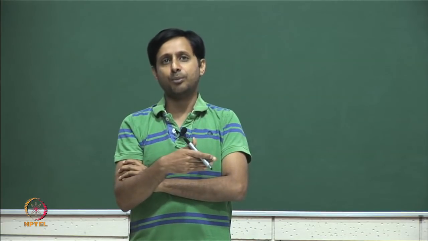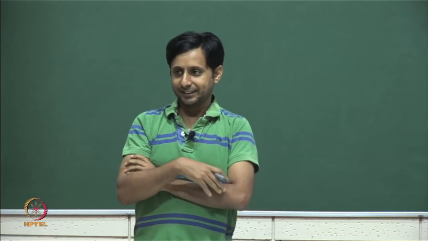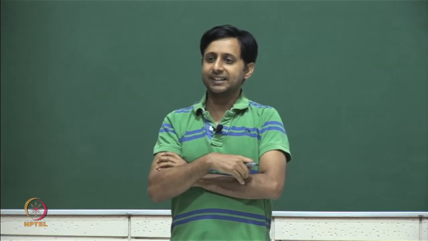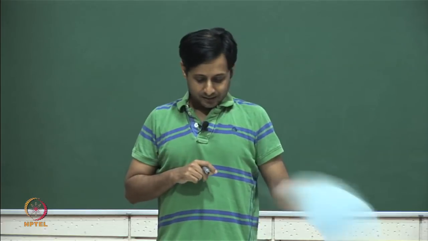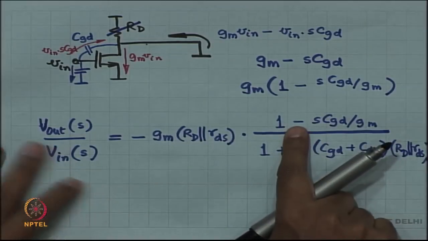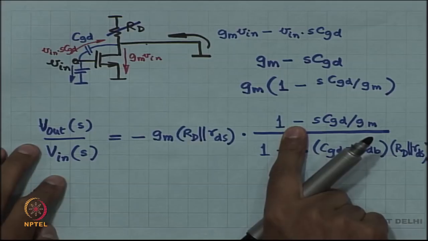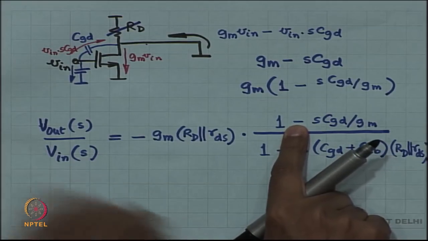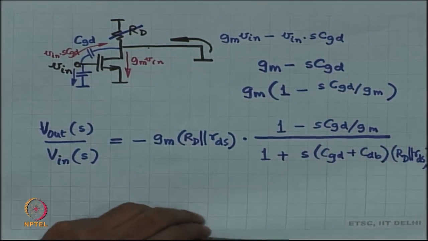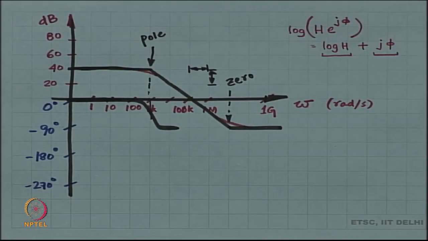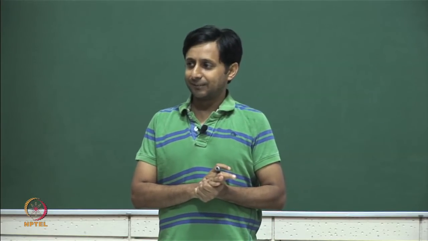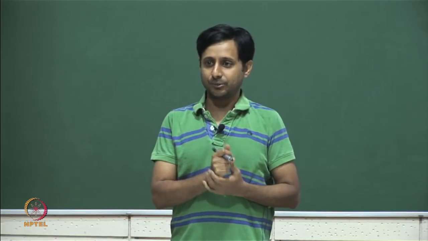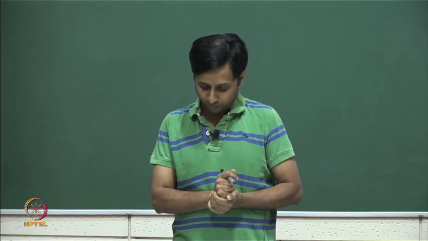Just like in case of a pole, the phase goes down by 90 degrees. Ordinarily, in case of a 0, the phase is going to go up by 90 degrees. The only problem is we are not in an ordinary situation. We have a right half plane 0, and in a right half plane 0, phase goes down by 90 degrees. Ordinarily, it is the opposite of the pole, but in a right half plane 0, phase also goes down by 90 degrees, just like a pole.